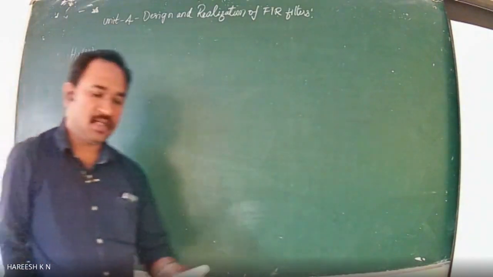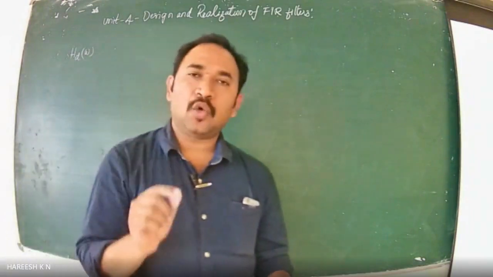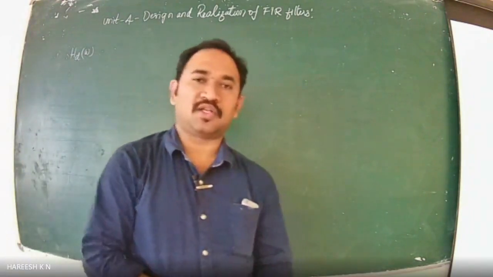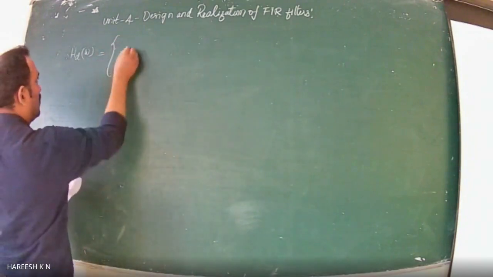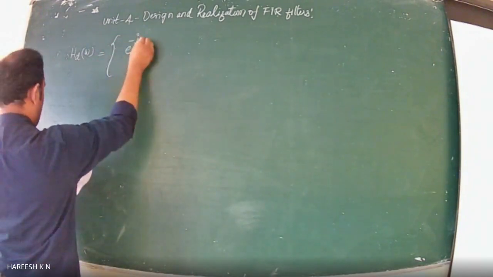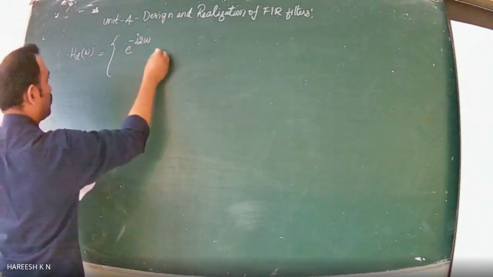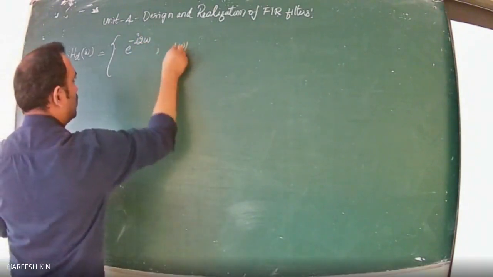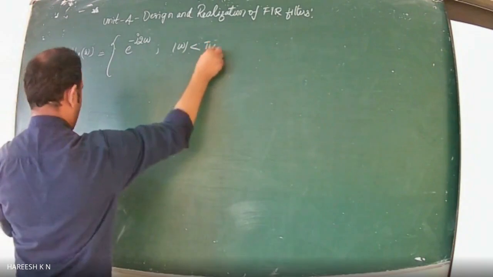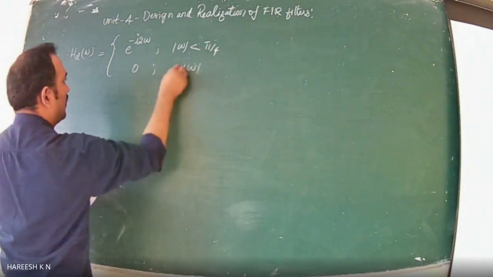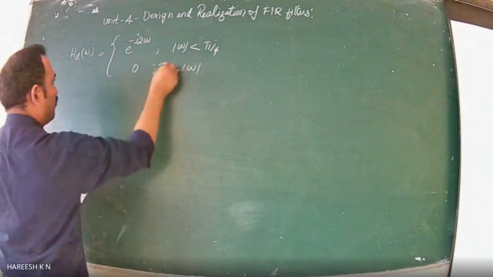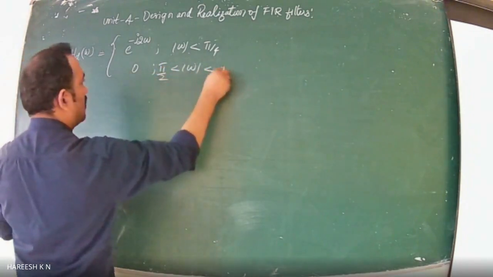HD of omega is equal to e to the power of minus j 2 omega for omega less than pi by 4, and 0 for omega greater than pi by 4 till less than pi.